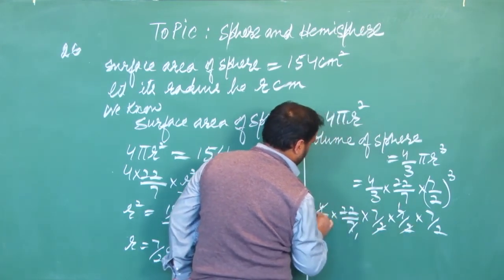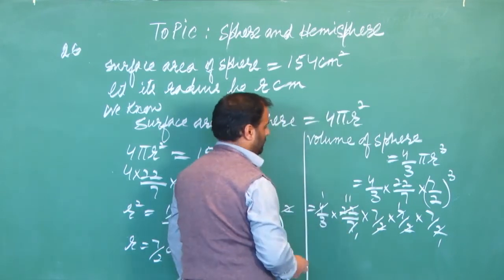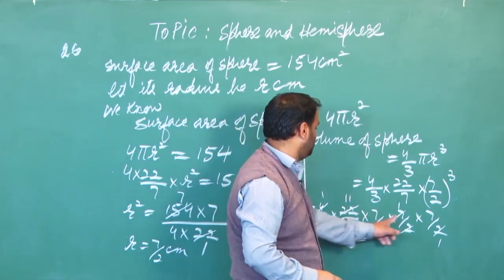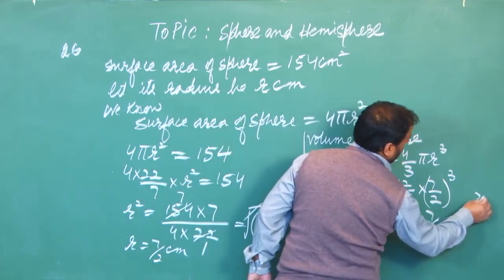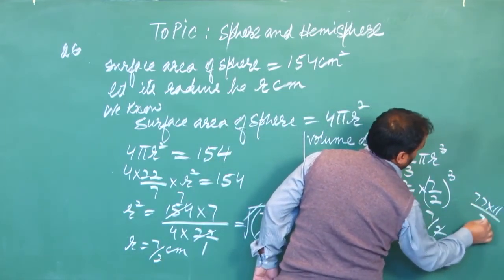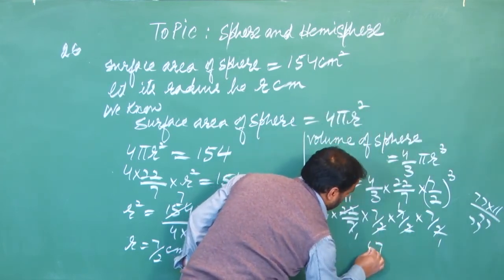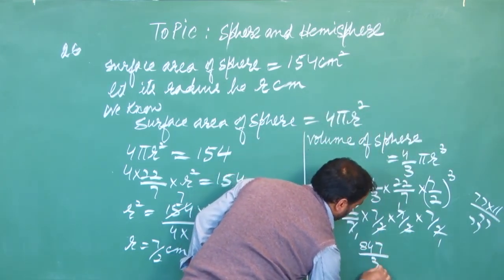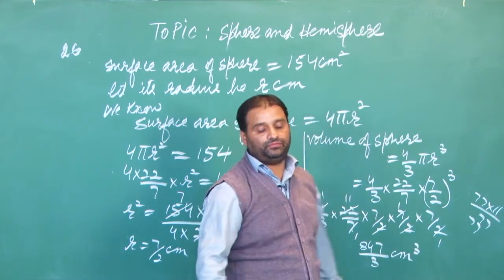Two 2s are 4 and 4 1s are 4 and 2 1s are 2, 11s are... So, 11 into 7 into 7, that is 77 into 11. 847 by 3 centimeter cube is the volume of that sphere.